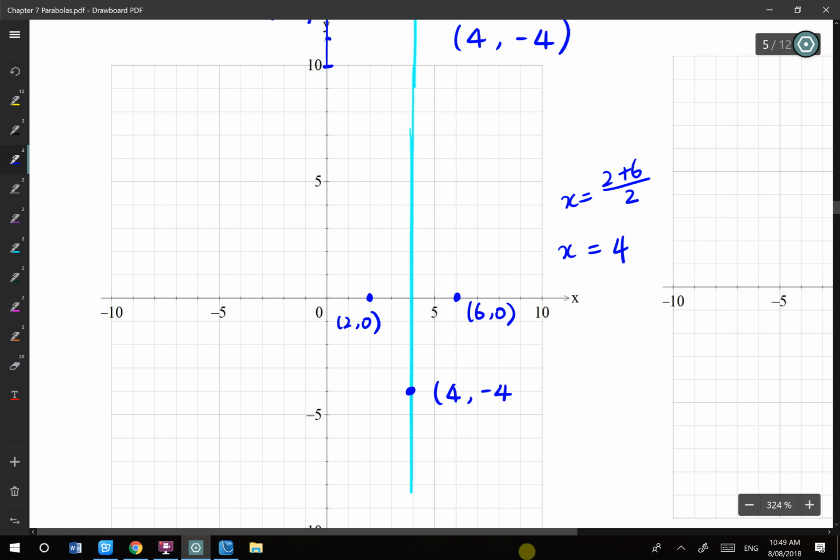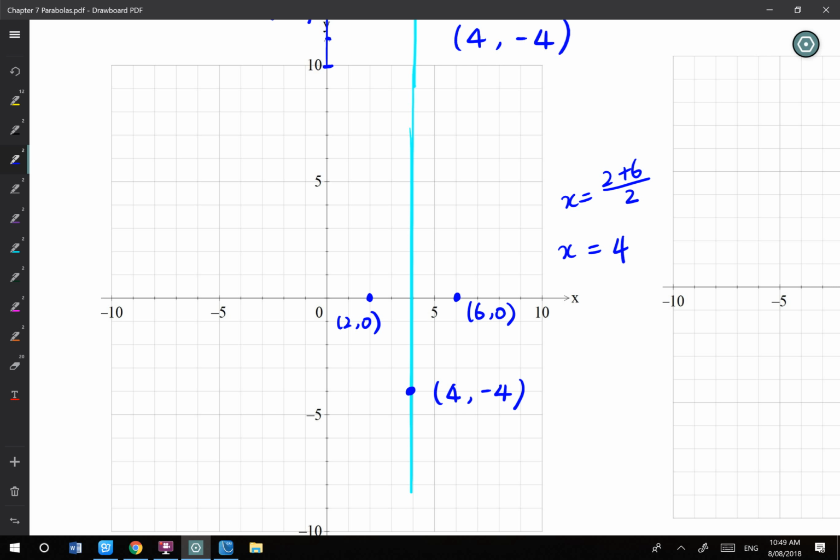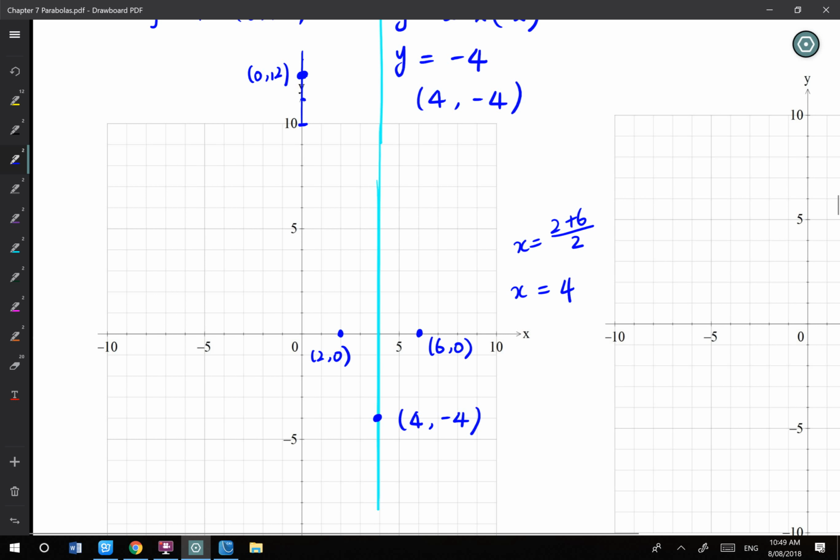For yesterday's method, I found the turning point and at the same time I could find the x-intercepts, going from turning point form directly to x-intercept form. But for today's question, I put it into x-intercept form first, and then used the x-intercepts to find the turning point. I found the middle is 4, and when I sub 4 into the equation I got negative 4.